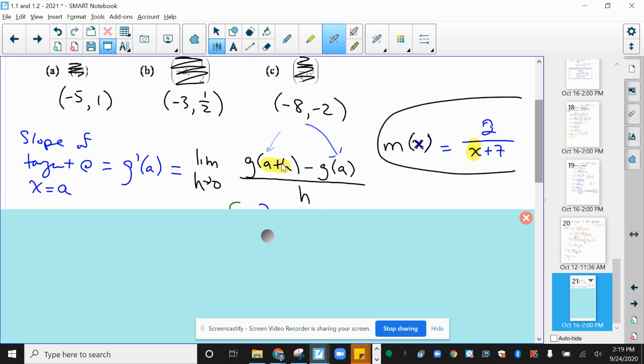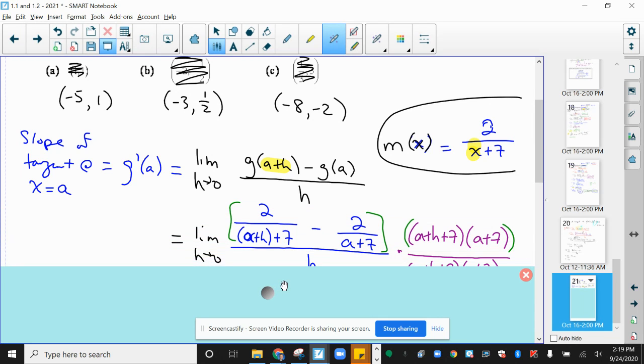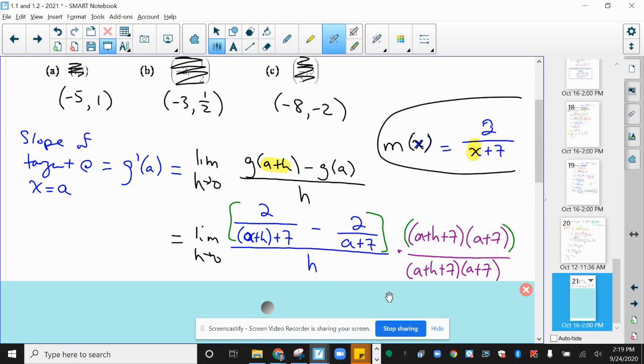So instead of 2 over x plus 7, I'm going to replace the x with an a plus h. Now we have a plus h plus 7. And on the bottom here, the a plus h replaces the x right here.